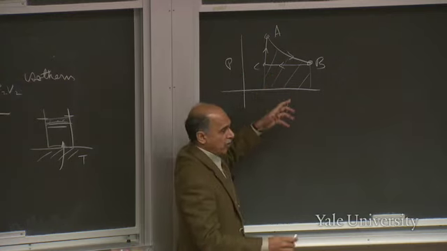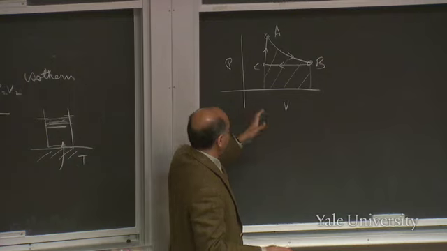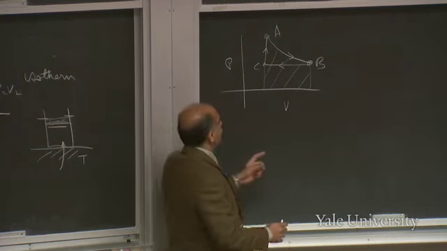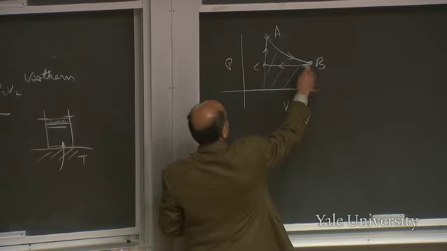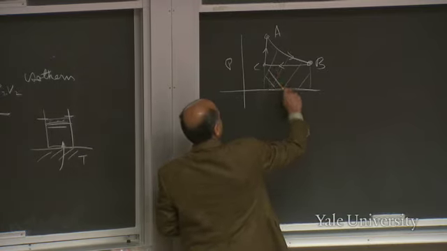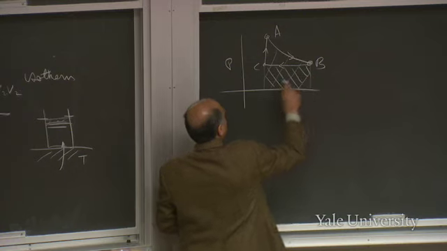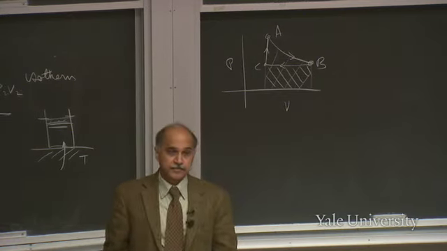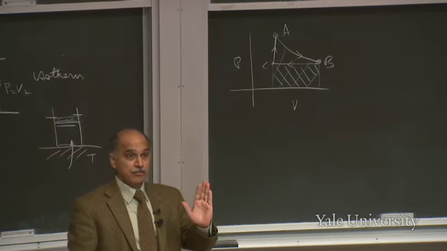So even though the work done is said to be the area, you've got to keep track of sign. If you're compressing the gas, P delta V is negative. Therefore, in the part BC, we must take away the shaded region. And in CA, no work is done because volume is not changing. Area under the vertical line is 0.